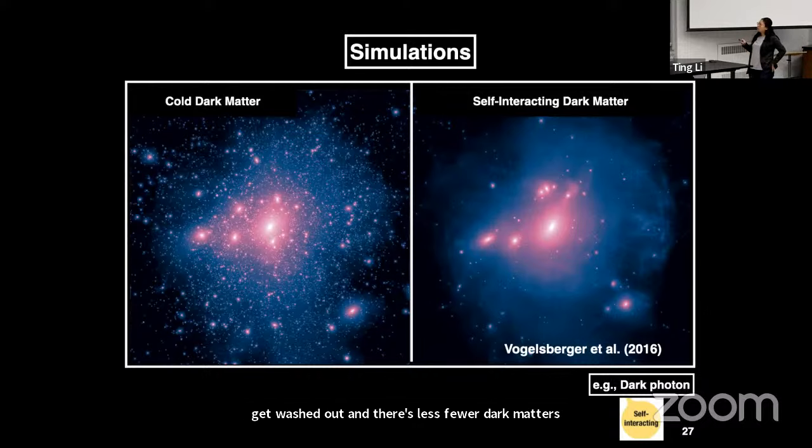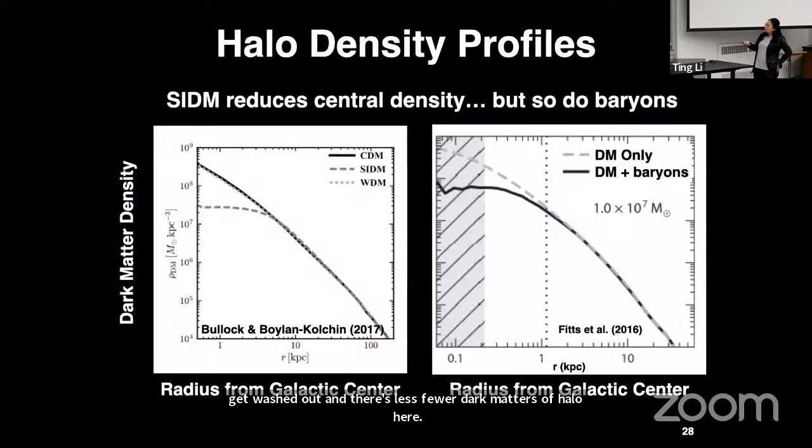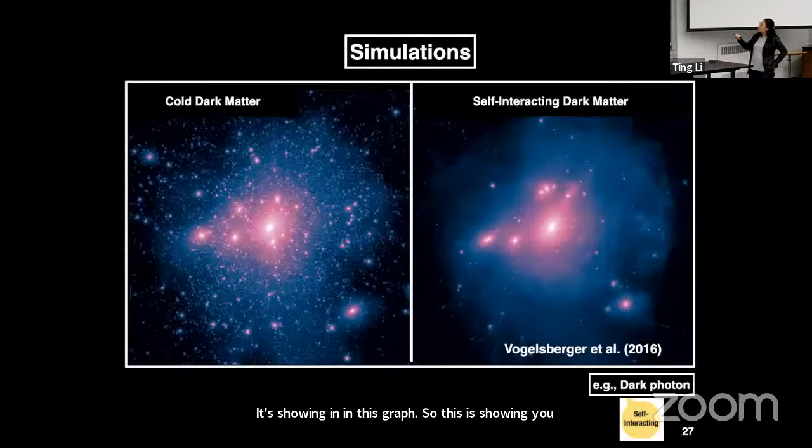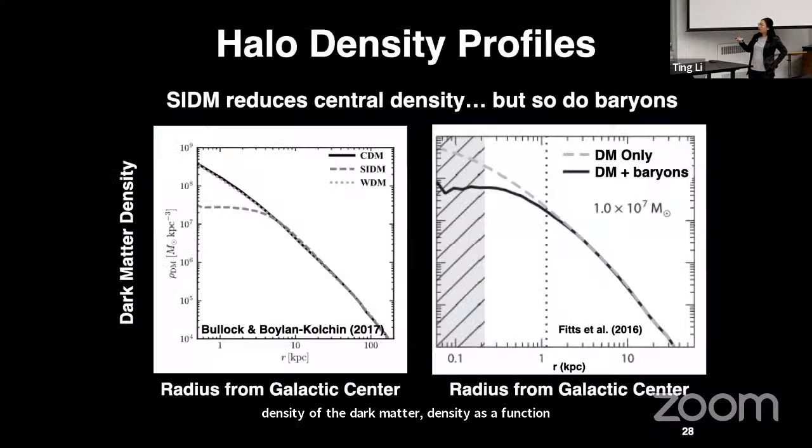But there's actually something you probably cannot see very well, which is shown in this graph. Let's pick one dark matter subhalo, or even the Milky Way here. We plot the dark matter density as a function of the distance to the center of the dark matter halo. So the x-axis is the distance to the center of the halo, and the y-axis is the density.